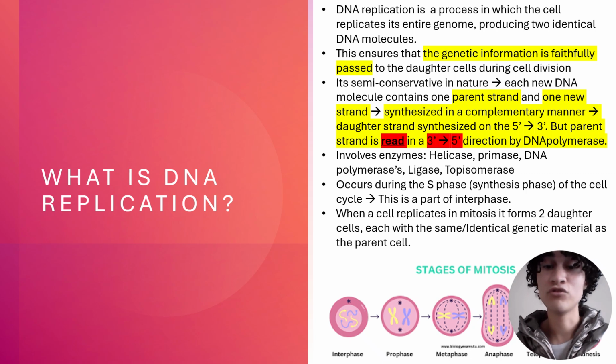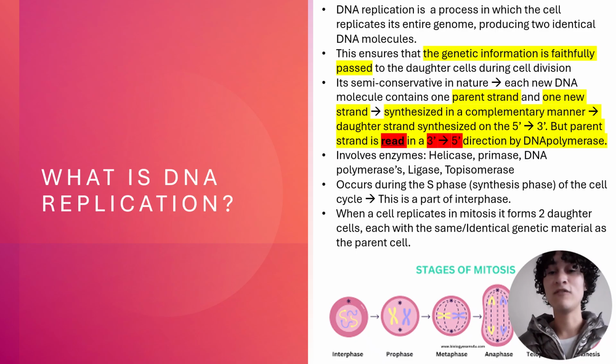That daughter strand is polymerized in a 5' to 3' fashion. The 3' hydroxyl group acts as a nucleophile for our incoming nucleotide triphosphates, but the DNA polymerase is reading our parent template strand in a 3' to 5' direction.